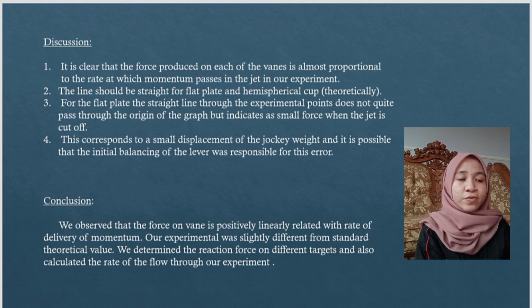For the flat plate, the straight line through the experimental points does not quite pass through the origin of the graph, but indicates a small force when the jet is cut off. Number 4. This corresponds to a small displacement of the vane, and it is possible that the initial balancing of the lever was responsible for this error.